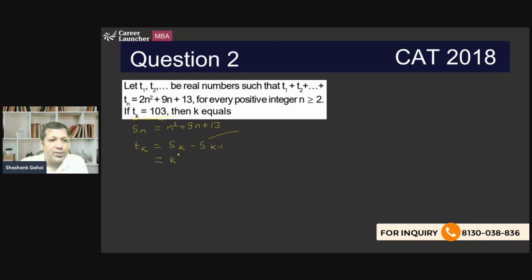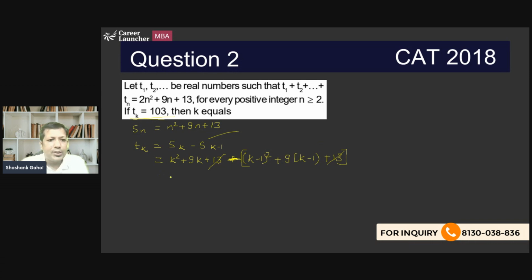Sk is going to be k square plus 9k plus 13. Sorry, it's not going to be plus, it's going to be minus, and that is equal to k minus 1 whole square plus 9 times k minus 1 plus 13. Okay, so 13 cancels out because this is positive, this is negative.